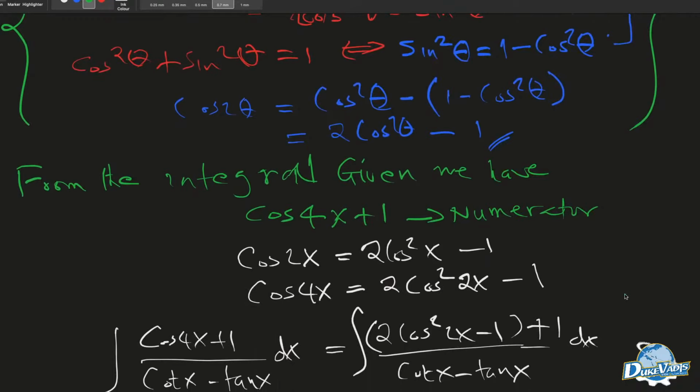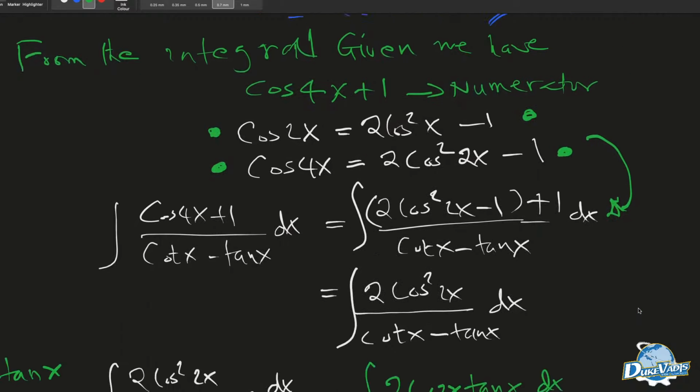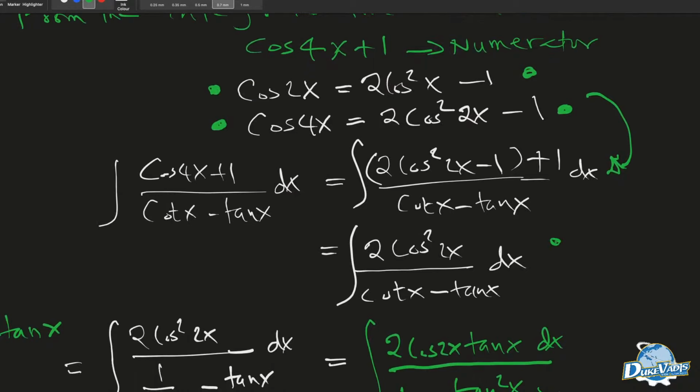So therefore, since cos 2x gives us 2 cos squared x minus 1, in an analogous sense, cos 4x will give us 2 cos squared 2x minus 1. So we came back here and we substituted this into this equation, and after everything, we simplified the equation to be this.